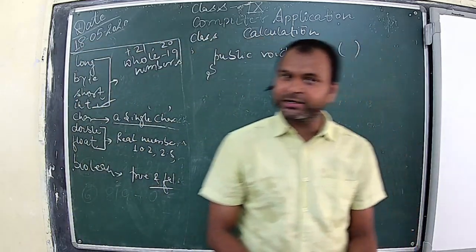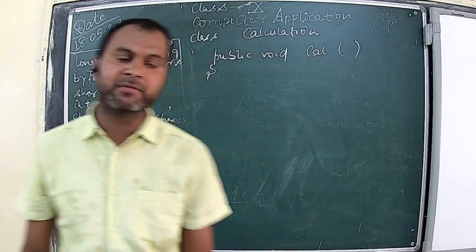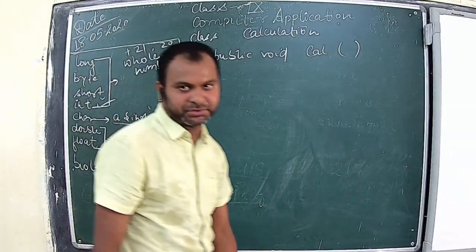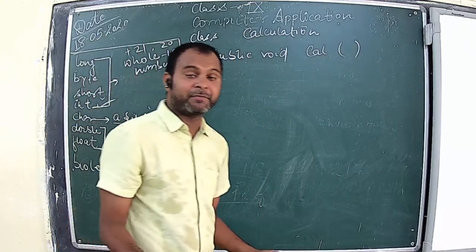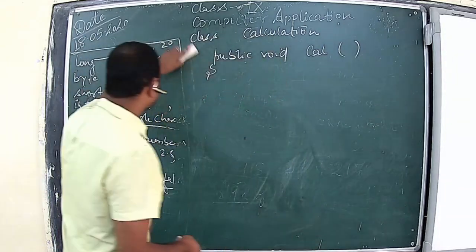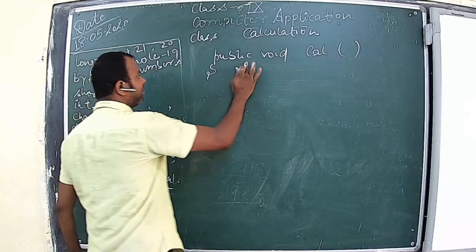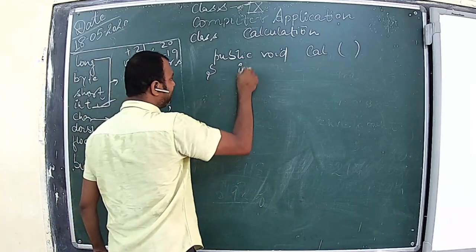One method will add two numbers, and the second method will multiply two numbers. We can have multiple methods because one object can have multiple behaviors. So let's create one method.